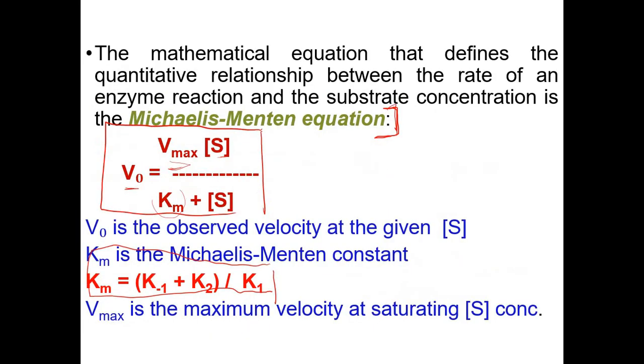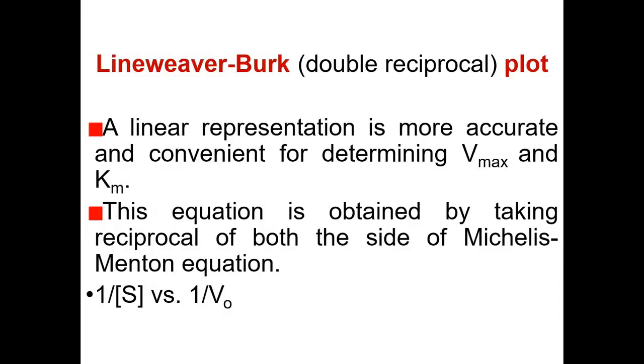So, what did Lineweaver and Burk do? So, this is the Lineweaver-Burk. What they did is they converted that plot into a linear plot. It's just a linear representation. They are the same, but Lineweaver and Burk made it simple and convenient by making it into a linear equation.